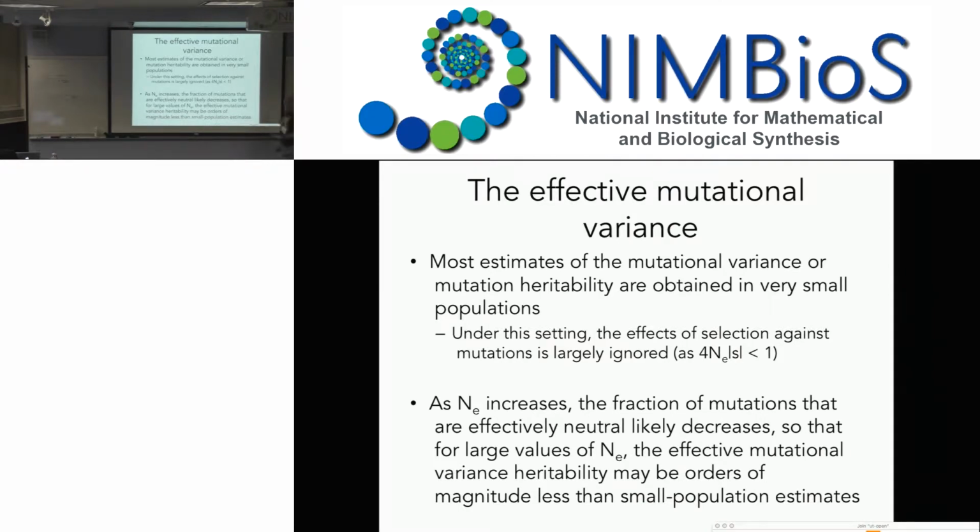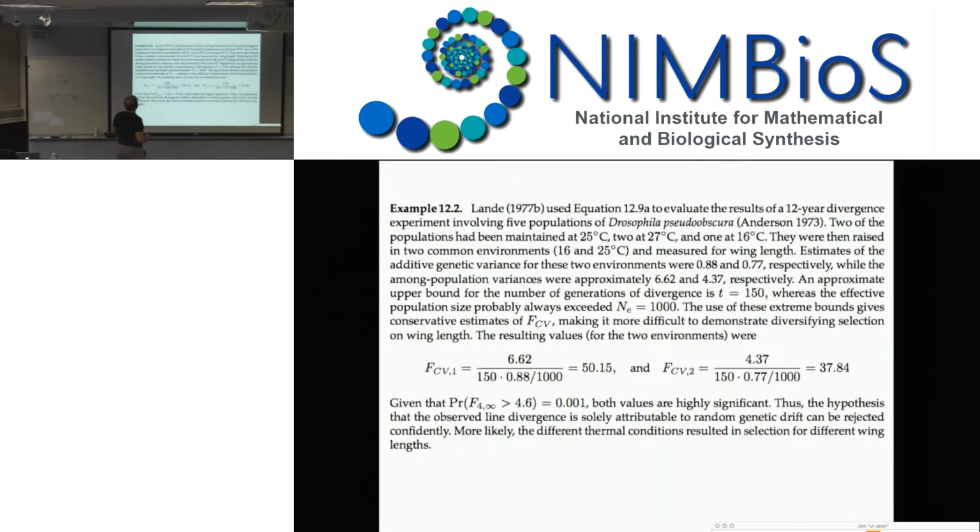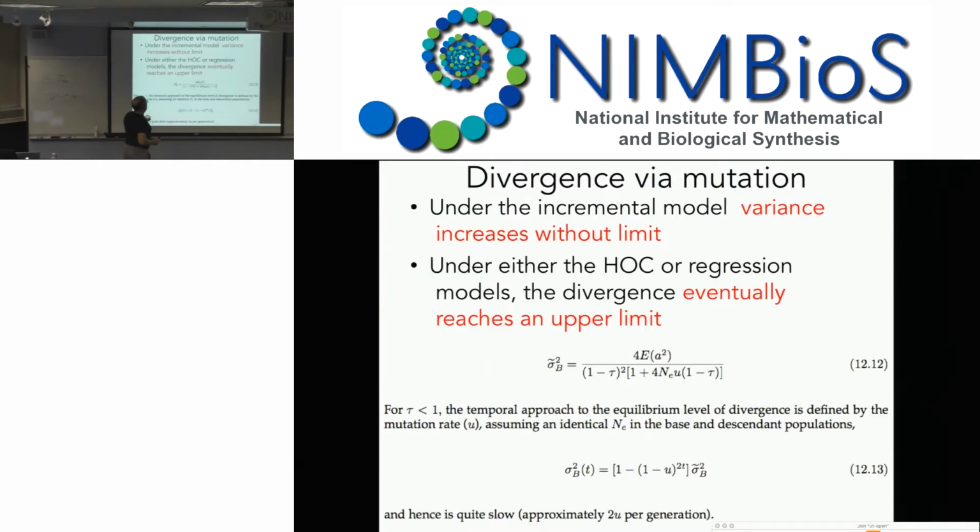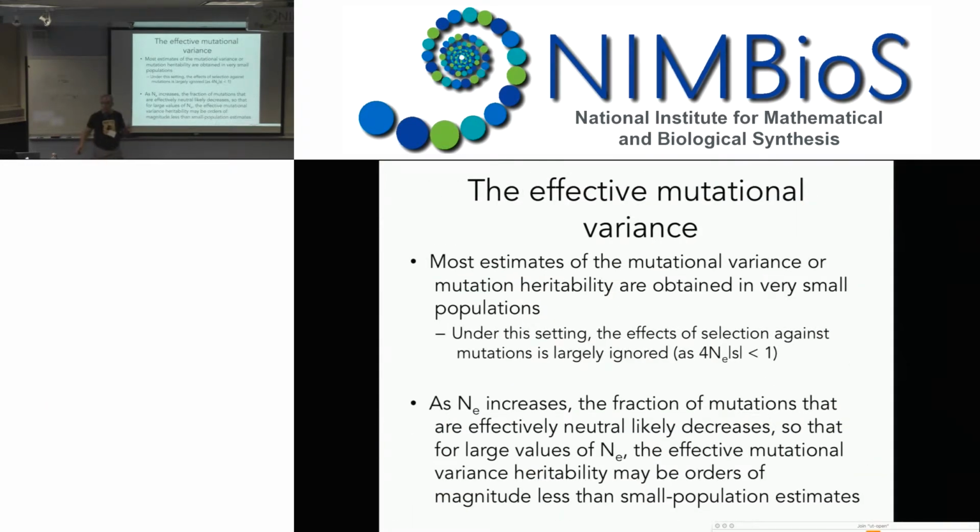So one important point has to do with the table I gave you in the last lecture. It basically showed that over a large variety of traits, your estimate of the mutational heritability, mutational variance divided by the environmental variance, is about 10 to the minus 3, plus or minus 5 or 6, for a large number of traits.